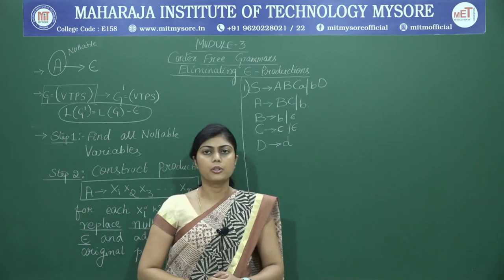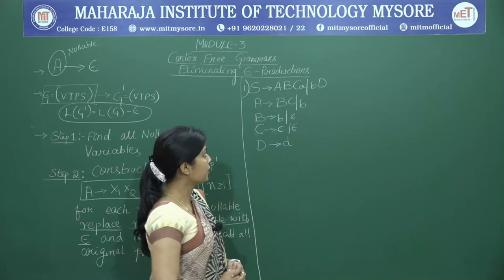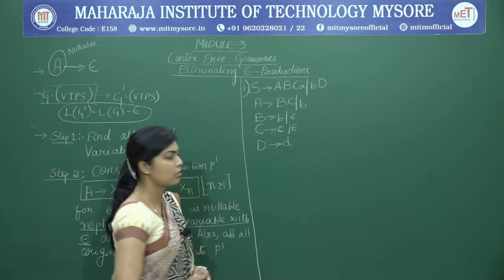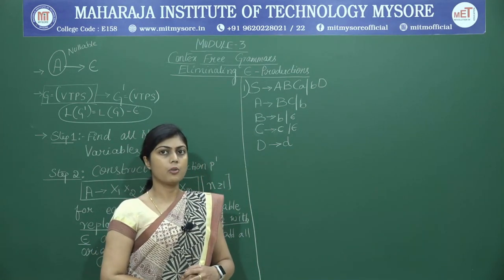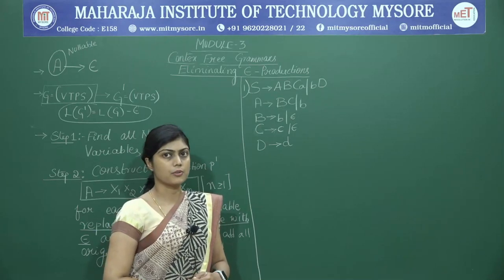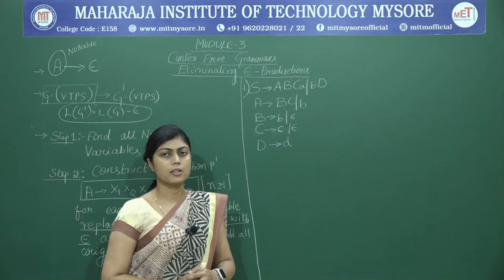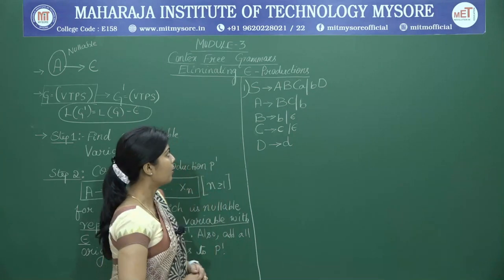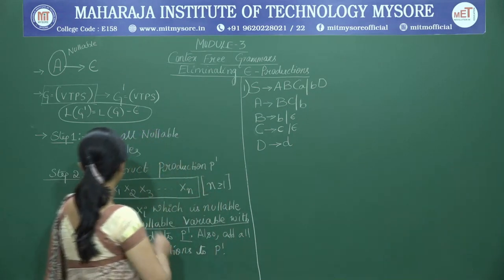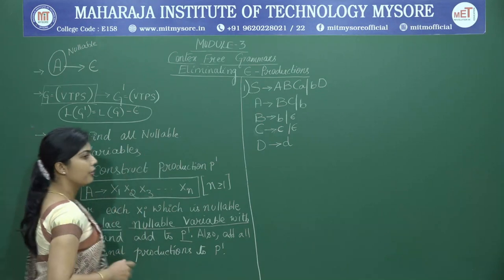Now we are going to look at the problem. In this problem there are 5 rules defined and we are going to eliminate all the epsilon productions from the grammar, but still the strings generated by the grammar should not change. First step is to identify all the nullable variables.